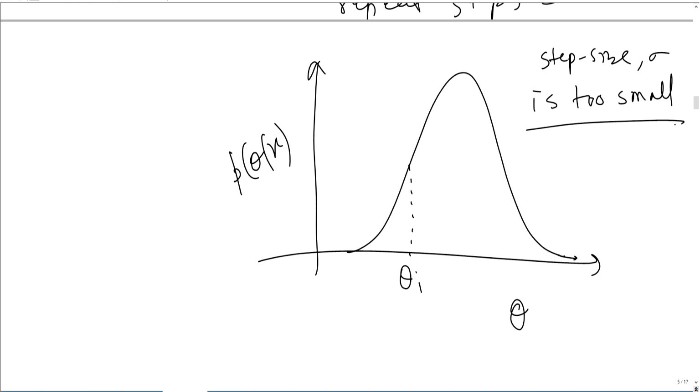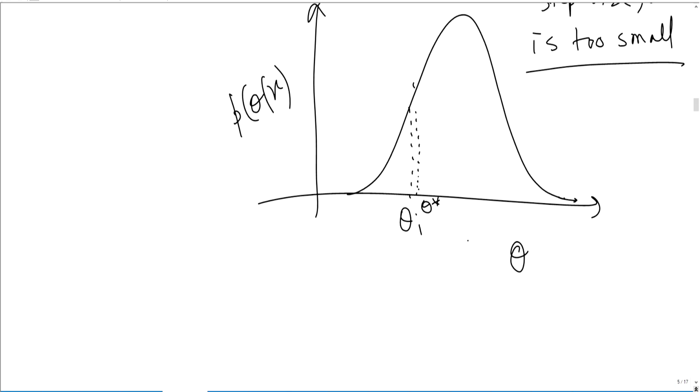Let's see what would happen. You would generate a new proposal, let's say theta star, which is very close to your current state. Now, should we accept theta star or not? h will be greater than 1, so we will accept theta star.